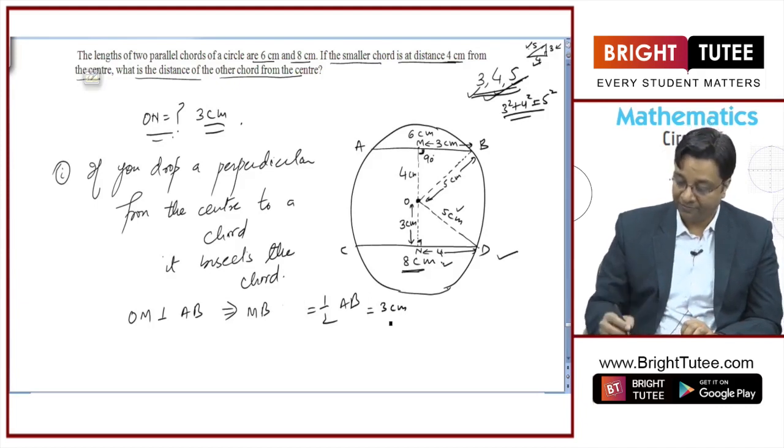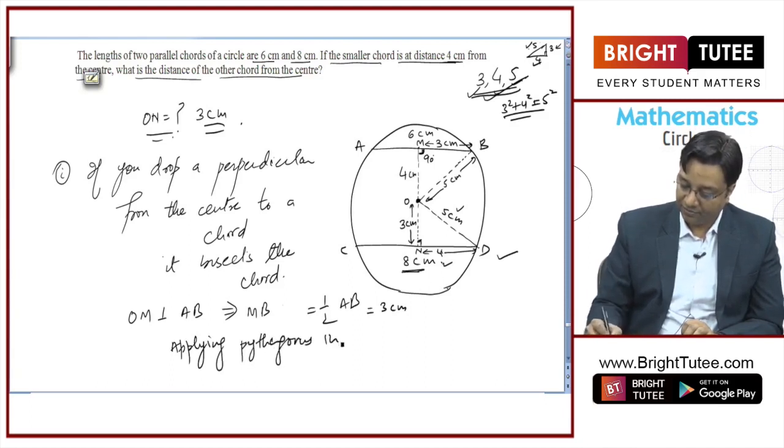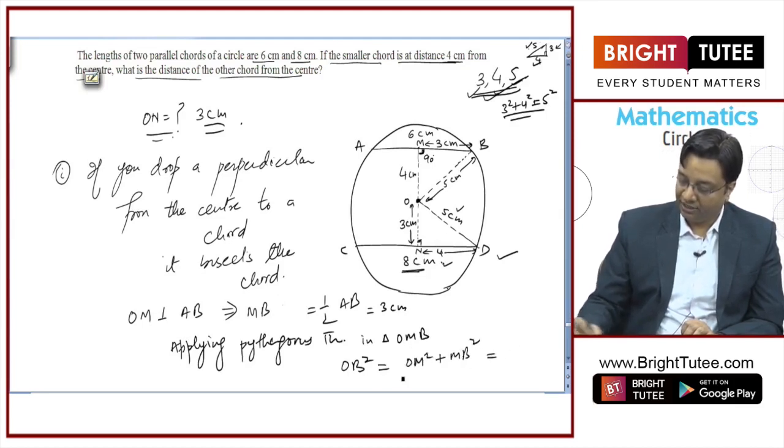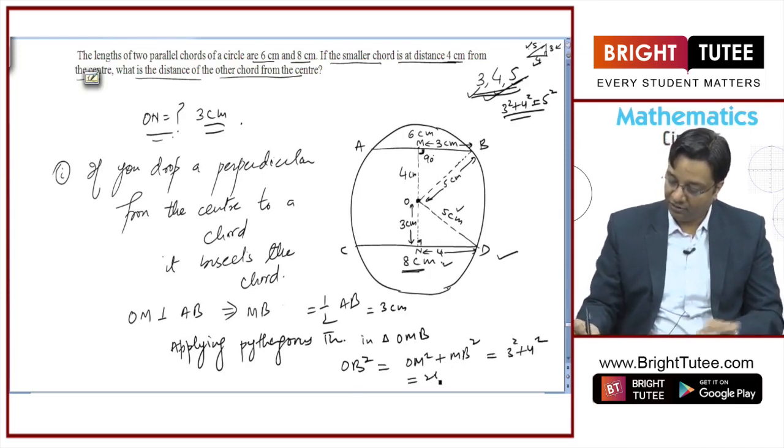Now that you have got MB, you can apply Pythagoras theorem in triangle OMB. Now you can say OB square is equal to OM square plus MB square. Hence you will obtain 3 square plus 4 square, which is equal to 25.